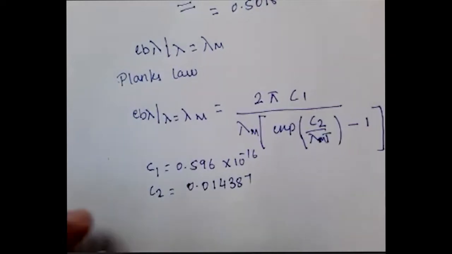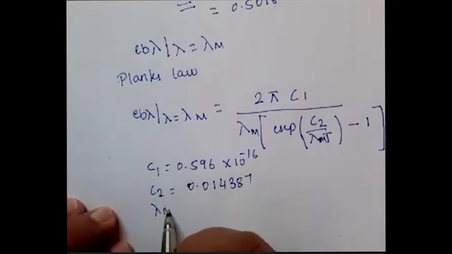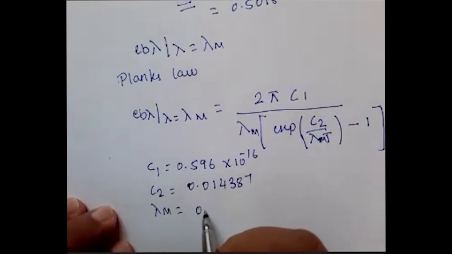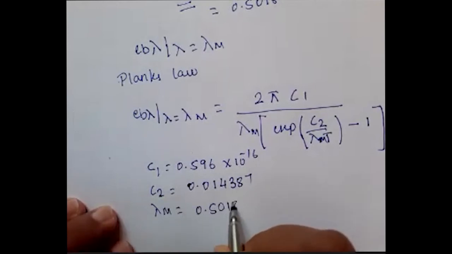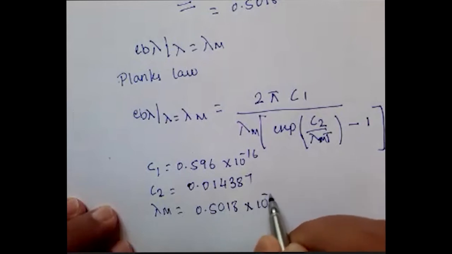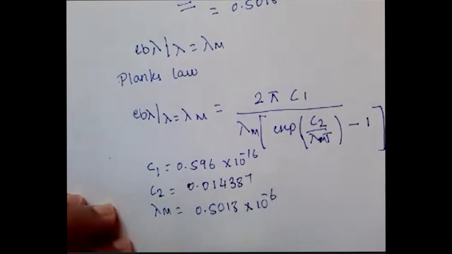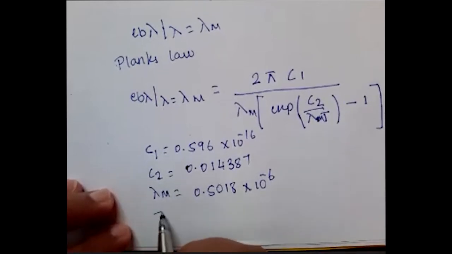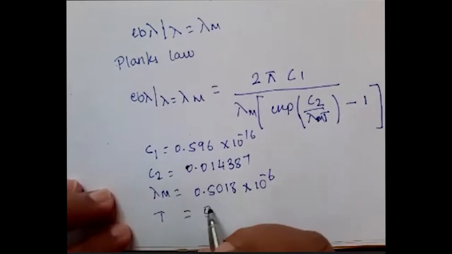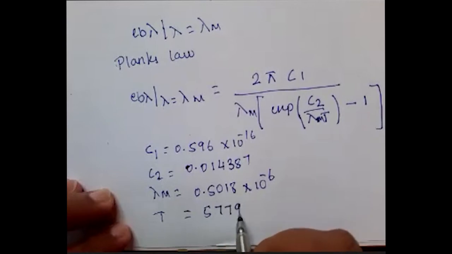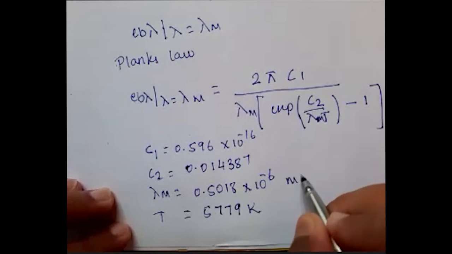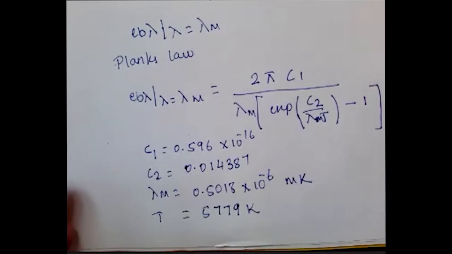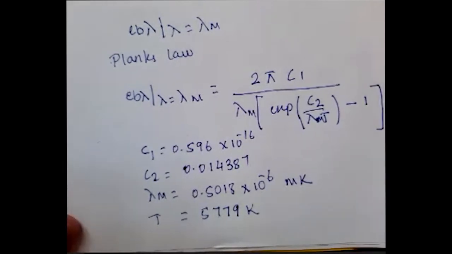And I know lambda m is equal to 0.5018 into 10 raised to minus 6, and the temperature is 5779 Kelvin. So this is meter Kelvin.